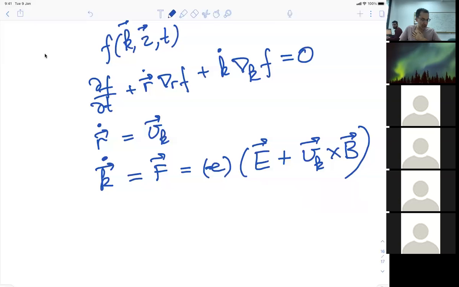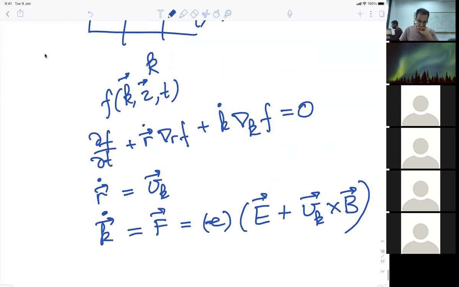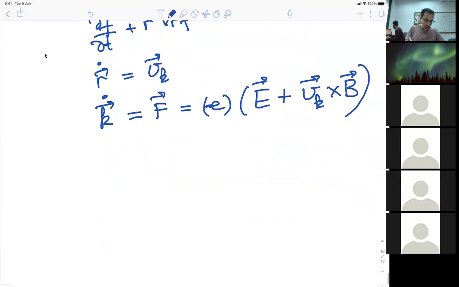So this is correct in the absence of what from now on I would call collisions. Now I have to change this equation. So far the equation was that the full derivative with respect to time was 0, which means that the probability is conserved, or the number of the particles evolves and is locally conserved.